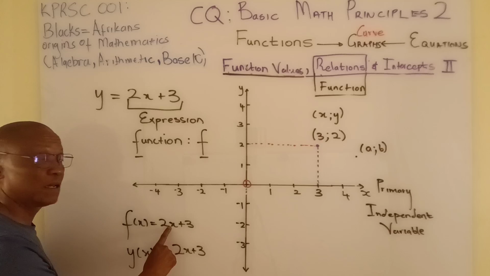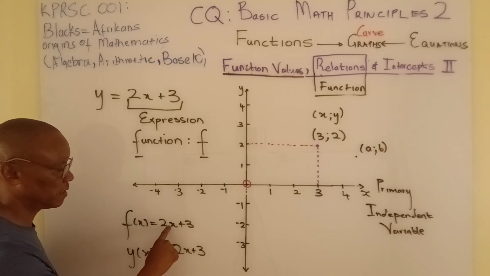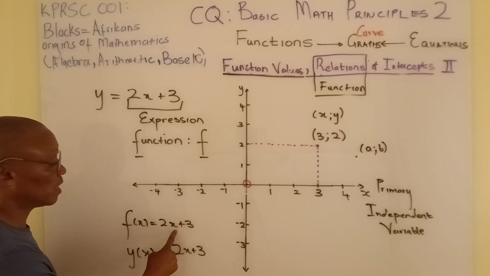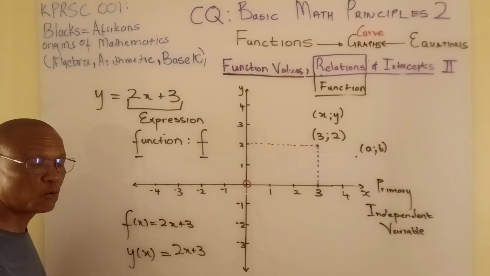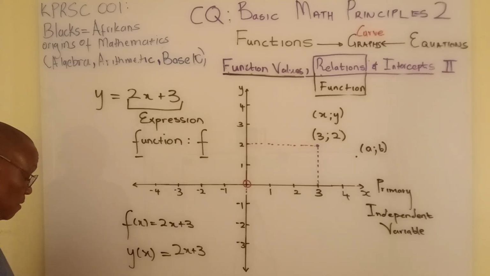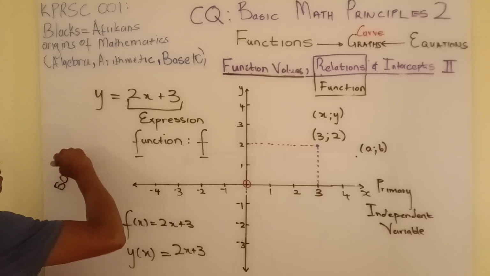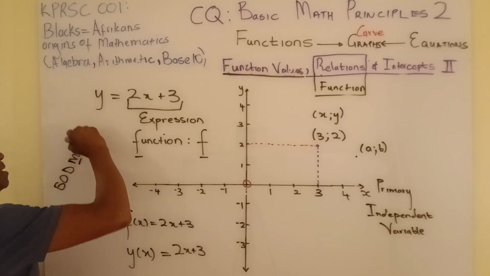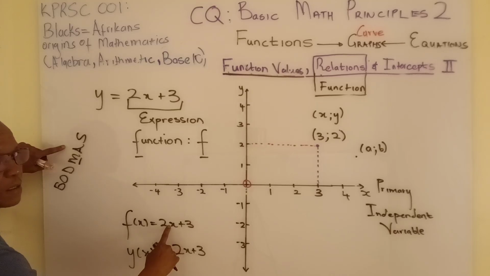There's a multiply here, 2 times x. Meaning I have to start with the multiplication using the BODMAS rule, where the M stands for multiplication and the A stands for addition.